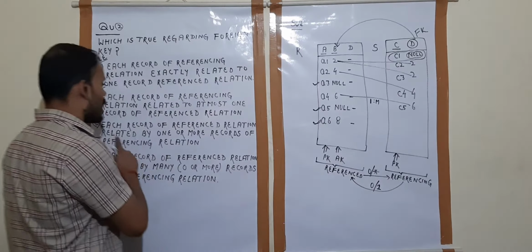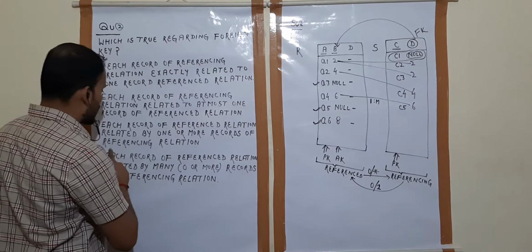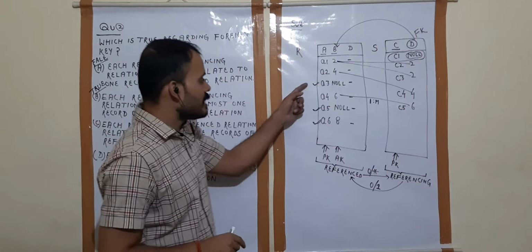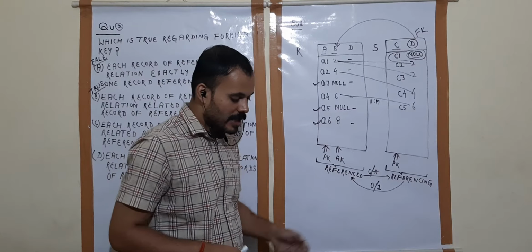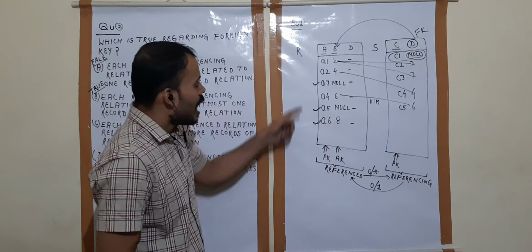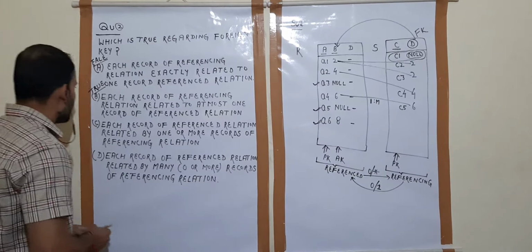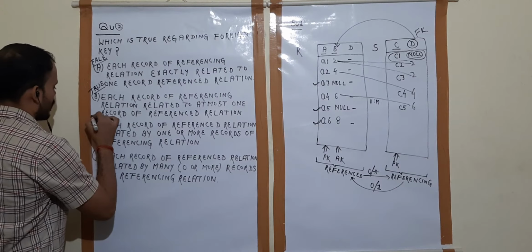So each record of referenced relation is related by one or more records of the referencing relation, but these three records are not related with any records of the referencing relation. So this statement is false.